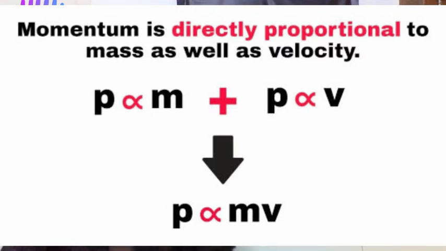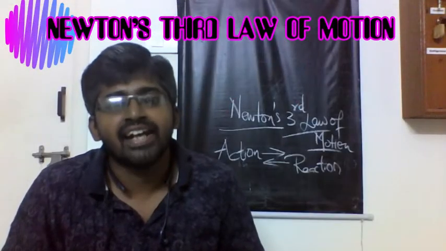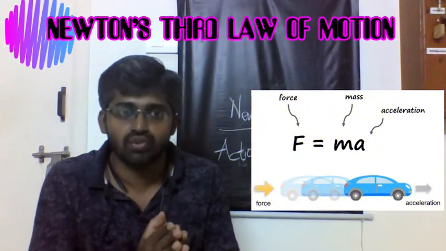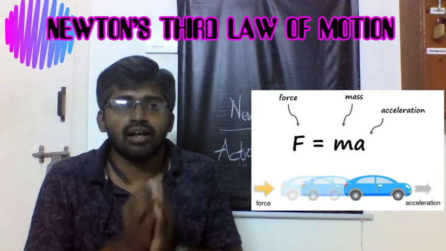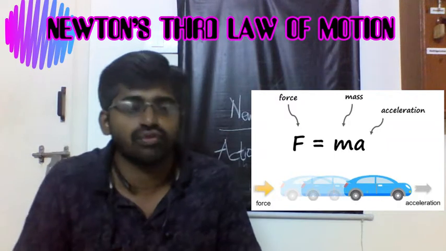An object which has mass and a velocity has momentum. And we understood the second law of motion: the rate of change of momentum is directly proportional to the unbalanced force acting on it.